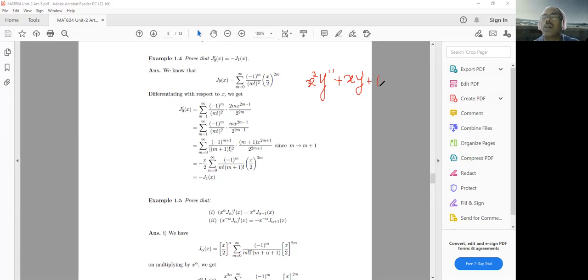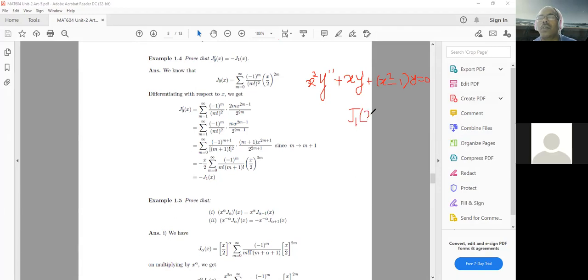Here I am taking alpha as 1, so we have the coefficient x square minus 1 into y equal to 0. And the solution of that is nothing but the J1 Bessel function, which is like this.